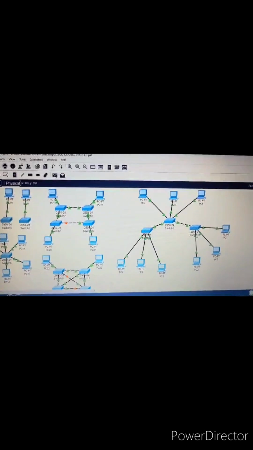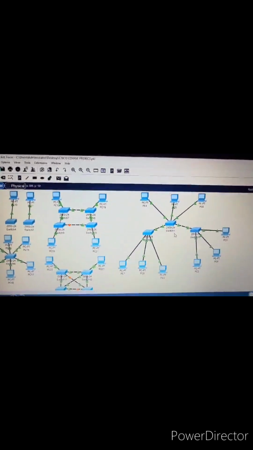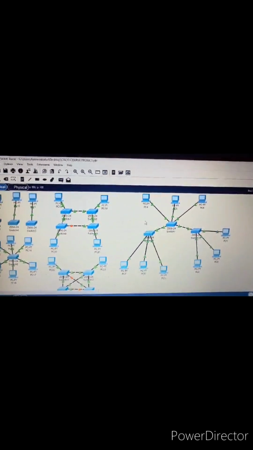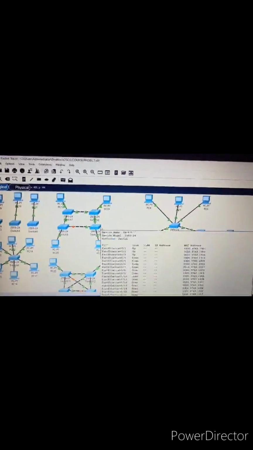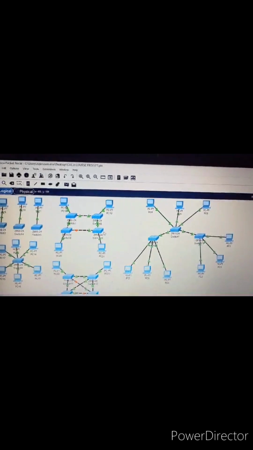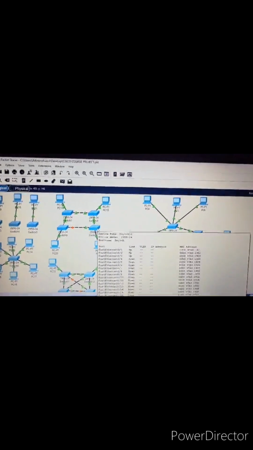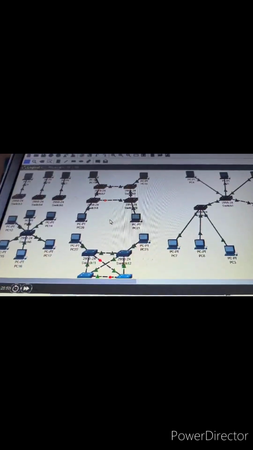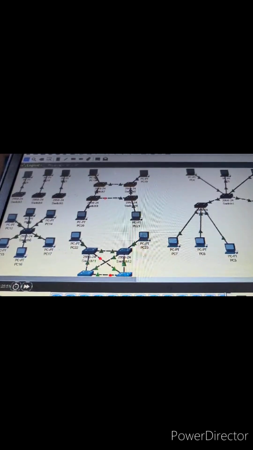switches. So we try to connect the switch from the tree topology to the ring topology. So here I put a cable.